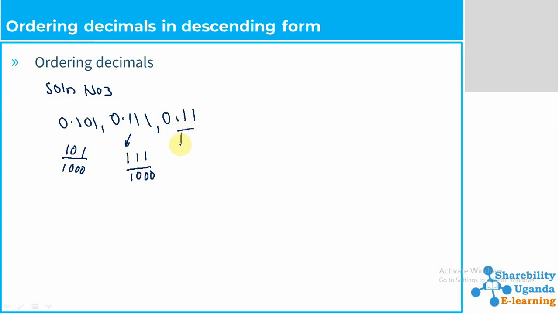Then this one also is going to be 11 out of 100. Okay, so now we look out for the common factor that can divide 1,000 and 100. So we can choose our 1,000 and we say this is now going to be 101 out of 1,000 times 1,000. So here we shall get our 101. Then we come to another one, which is 111 out of 1,000 times 1,000.